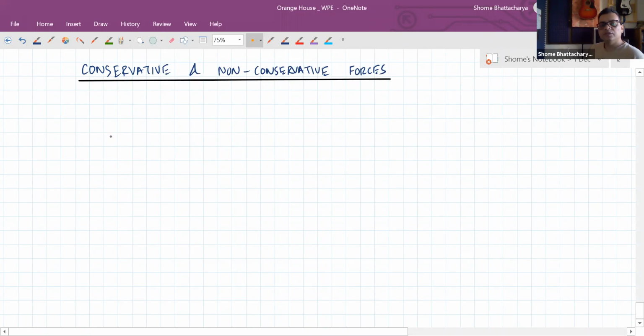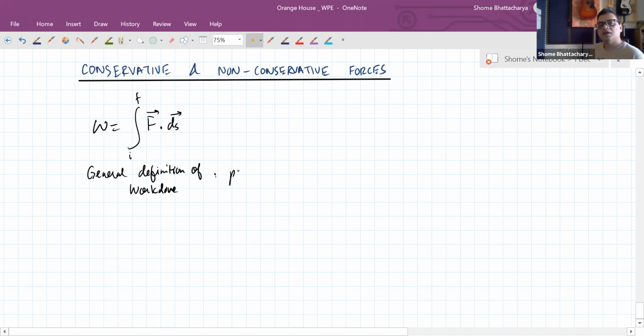So let's understand. We have defined work done by a force in general as F dot ds integration from initial to final. This is the general definition of work done. It is path integration of force over displacement.